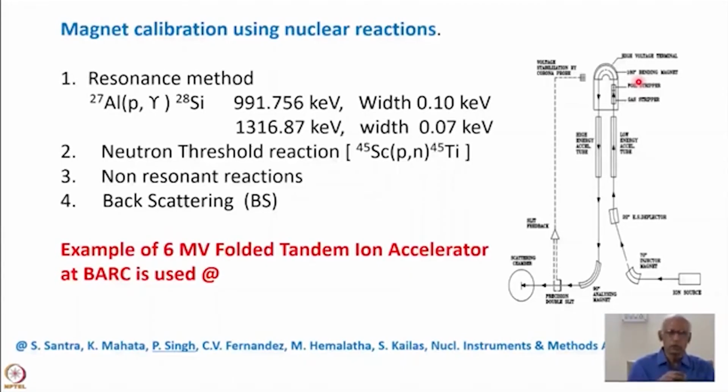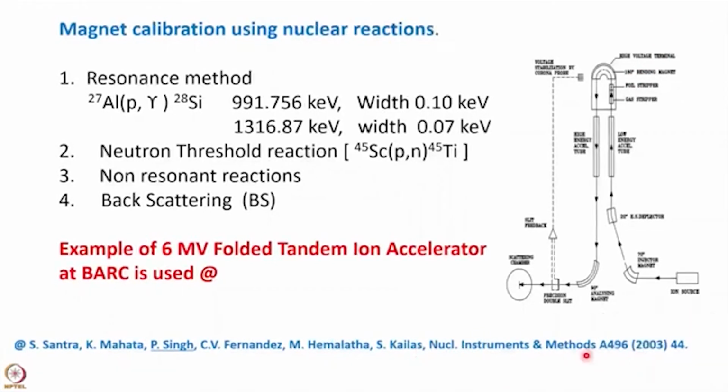So ultimately you have to calibrate the magnetic field, because that is what you change to do the experiments. You have no control at the high voltage, because that is too high. This method I will be discussing was done in the case of the Pelletron, and it was published in Nuclear Instruments and Methods in 2003.